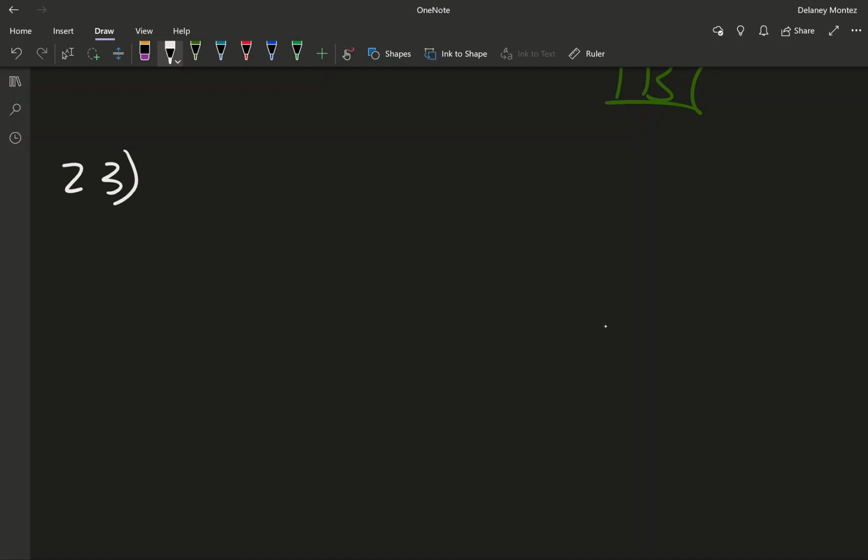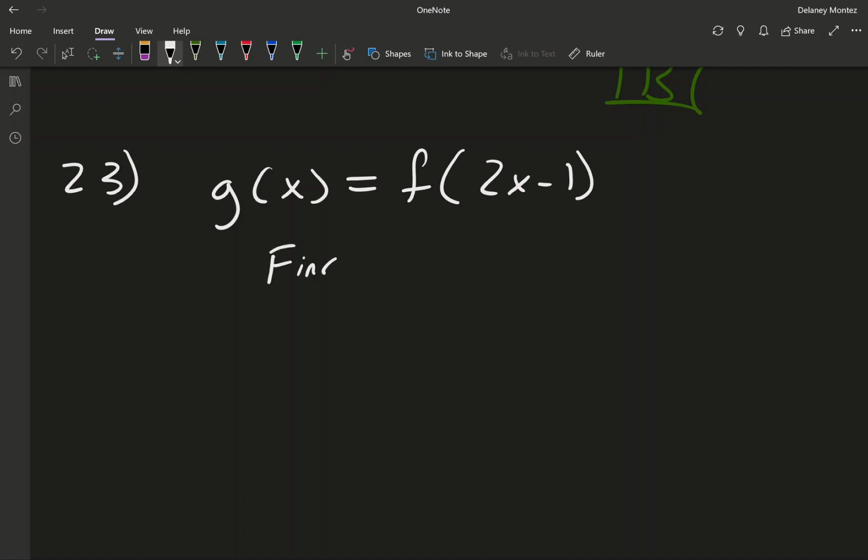It says several values of the function f are given in the table above. If the function g is defined by g of x equals f of 2x minus 1, find g of 3. So what's our x value?